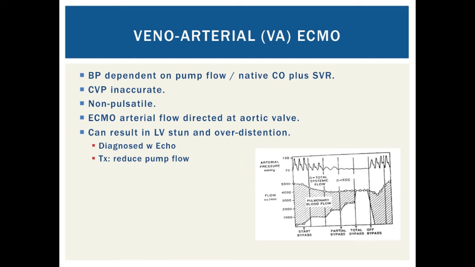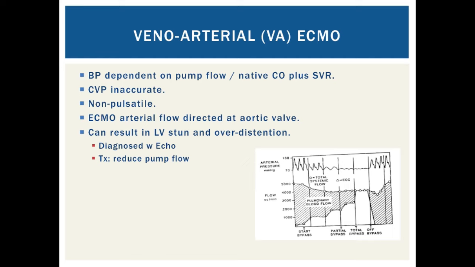In this circumstance, the blood pressure that we measure with the blood pressure cuff is dependent on both the pump flow, how much blood is being pumped through the actual machine, plus the native cardiac output, in addition to the systemic vascular resistance. In this case, your CVP is not accurate.